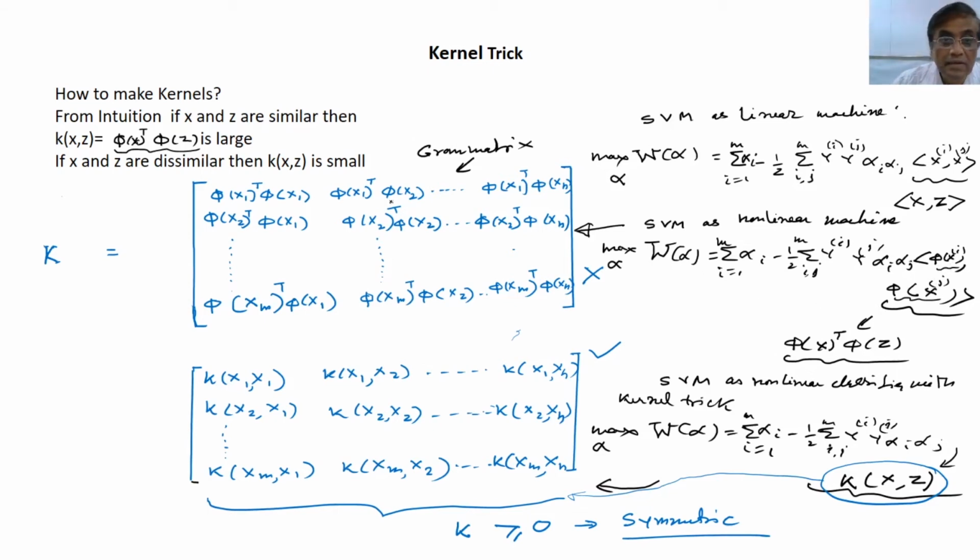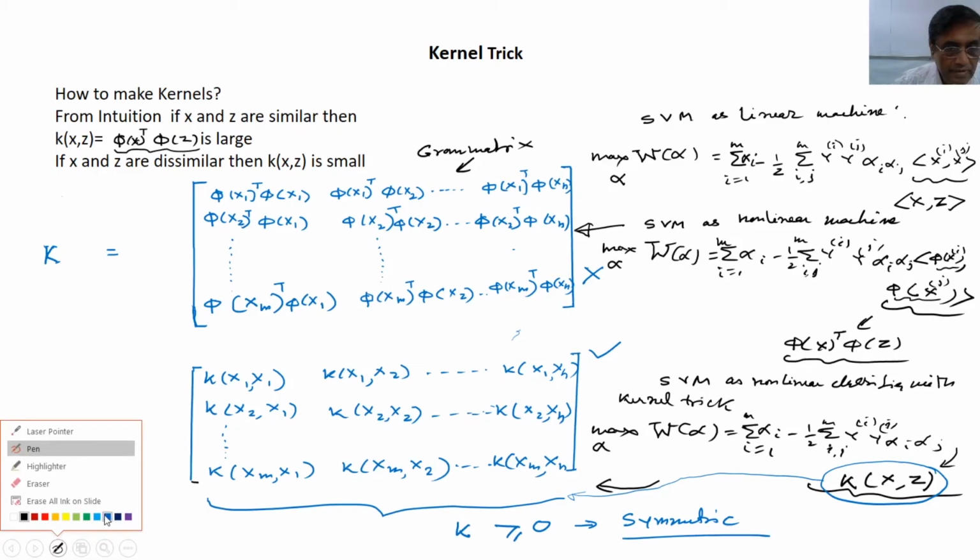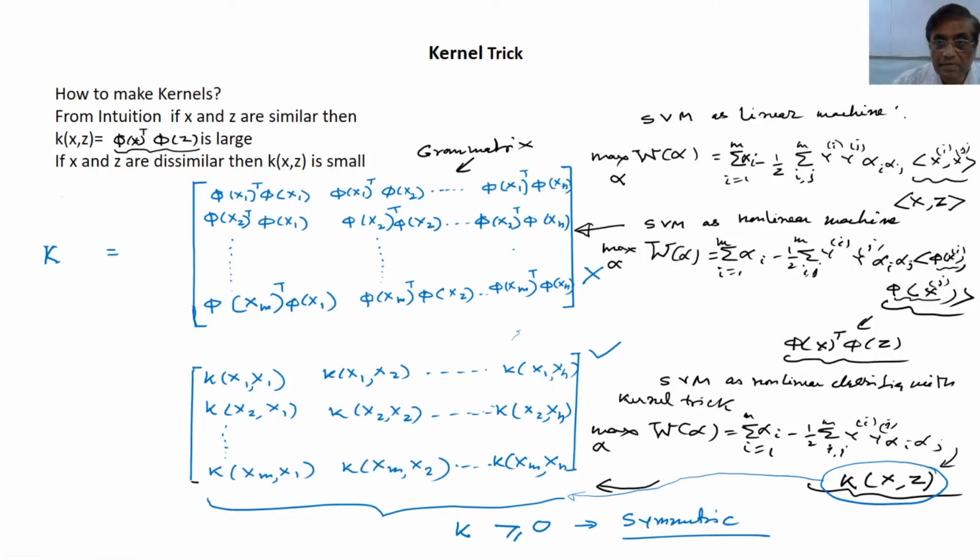Then how will the matrix look? Say I have m number of samples, m points, and these need not be your training samples. They could be for checking, for designing the kernel.